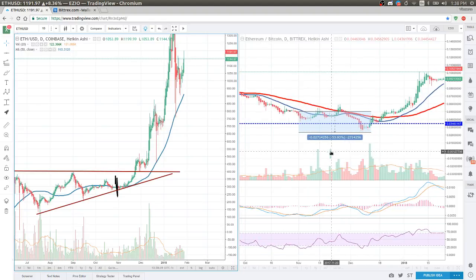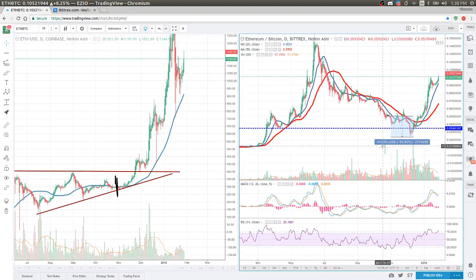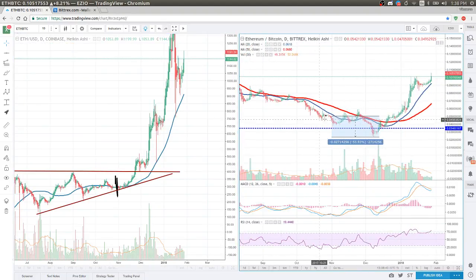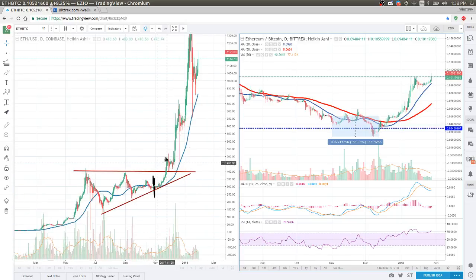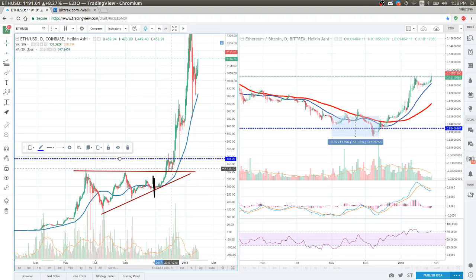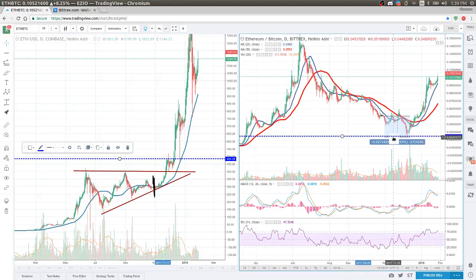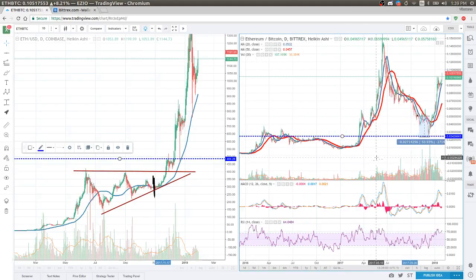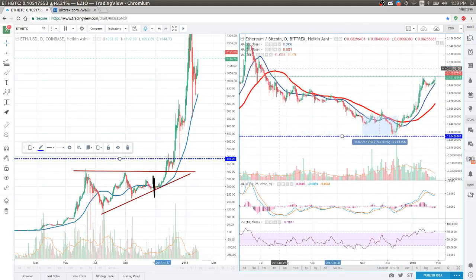That's a lot of money. Then of course I bought Ethereum when it was this low, right? And this is another thing. Ethereum is at its all-time high at this level, right there, and right here is the all-time low. I mean, not an all-time low, but it's pretty low for this chart.